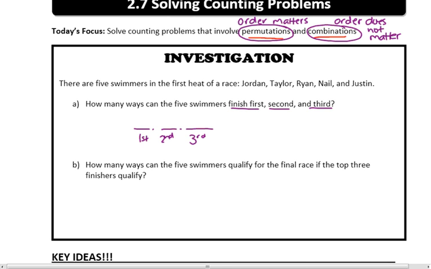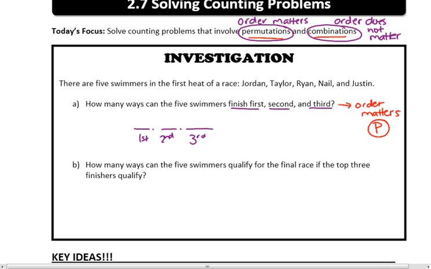If this was the Olympics, it matters where you finish. First and second gives you a totally different result; you might be world famous if you get first and forgotten about if you're second. So position matters, and where positions matter, order matters. And if order matters, then it's a permutation.